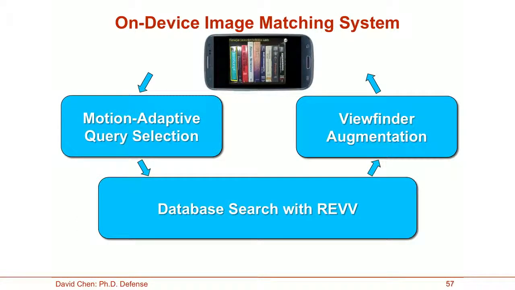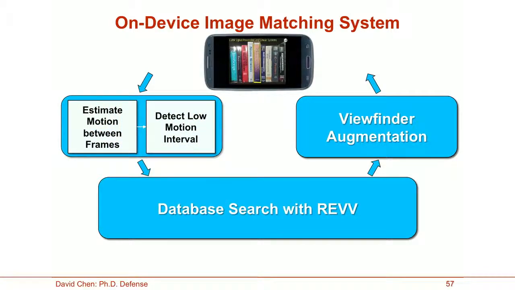Our on-device image matching system has 3 major processing blocks: motion adaptive query selection, database search with REVV, and viewfinder augmentation. In the motion analysis stage, we estimate the motion between viewfinder frames in order to detect periods of low motion.